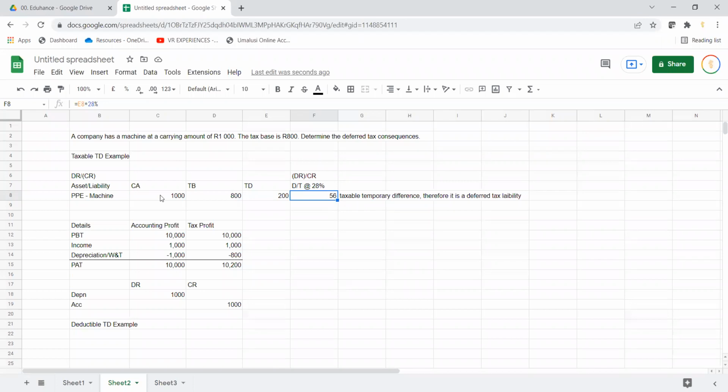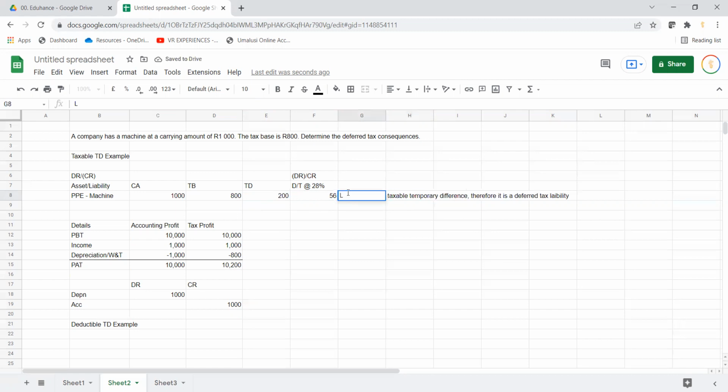Okay, so we have PPE, a machine, of 1,000 Rand. We have a tax base of 800 Rand. So there is a temporary difference of 200 Rand. 200 Rand times 28% gives us a deferred tax of 56 Rand. We need to determine whether this is a deferred tax liability or a deferred tax asset.